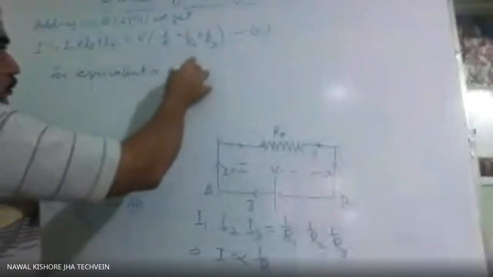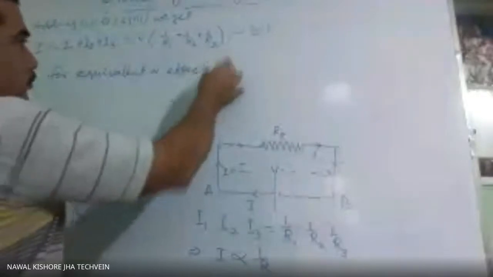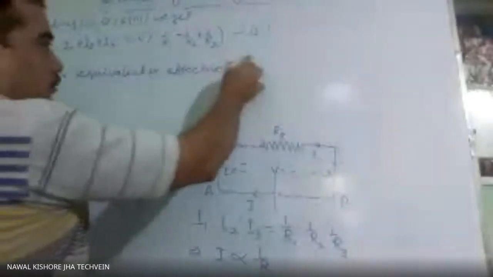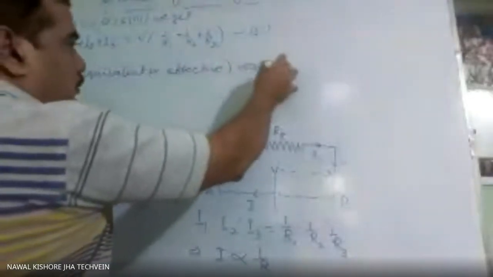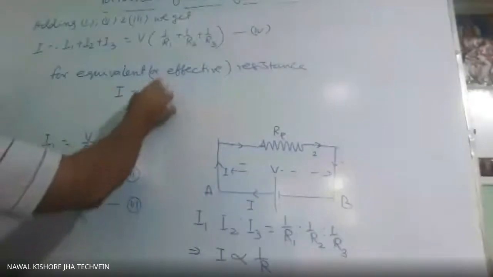So for equivalent or effective resistance, this I must be equal to V over RP.